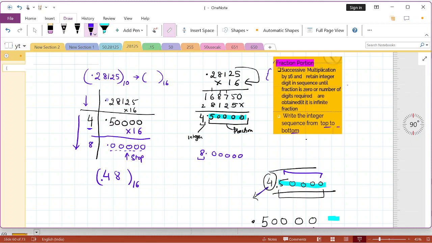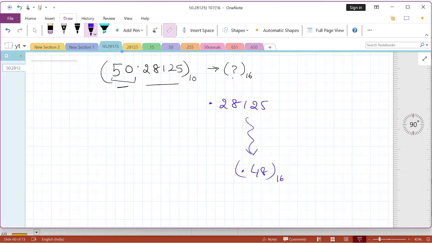In this case, we stopped because this is 0. And you have to read all your remainders, this integer sequence, from top to bottom, right? Before we complete this part, we know that this portion has to be calculated separately.